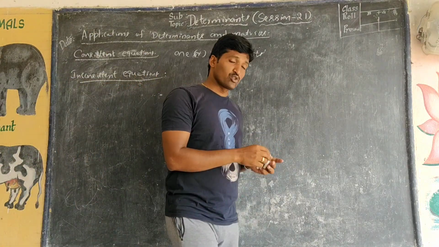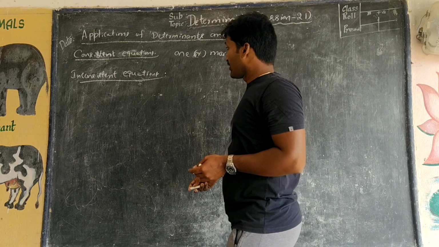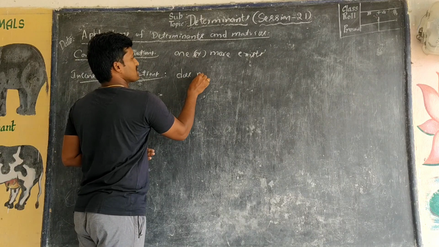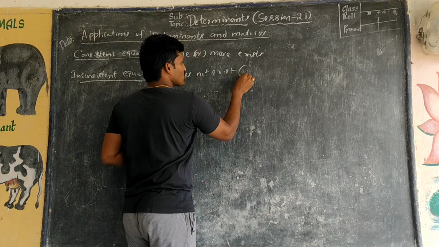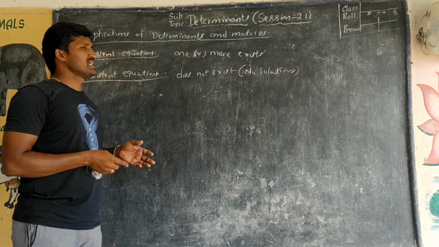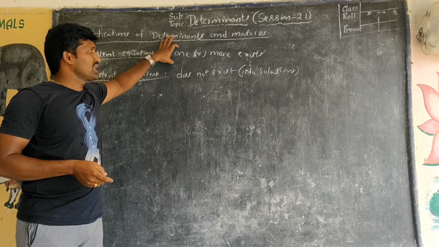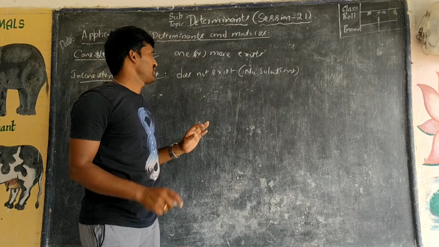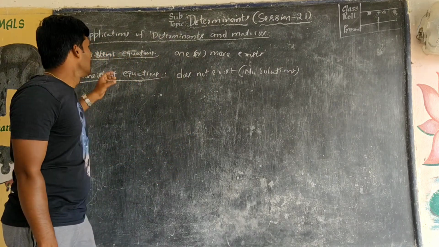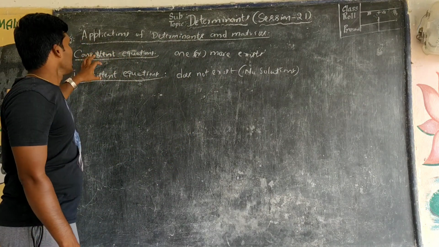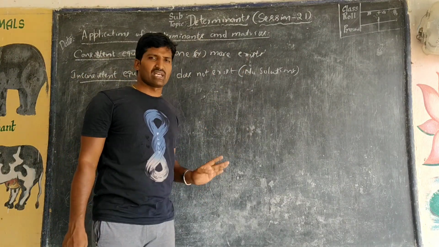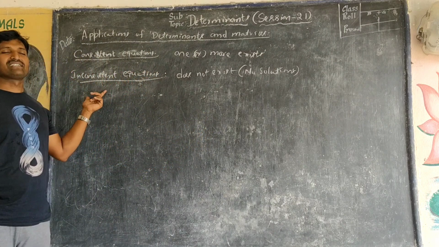The system of equations is said to be inconsistent if its solution does not exist, that means there is no solution for the system of equations. To recap the two types: if one or more solutions exist, where one means a unique solution and more means up to infinite solutions, that system is called a consistent system. Inconsistent equations mean the solution does not exist, so there is no solution. Such equations are called inconsistent equations or an inconsistent system.